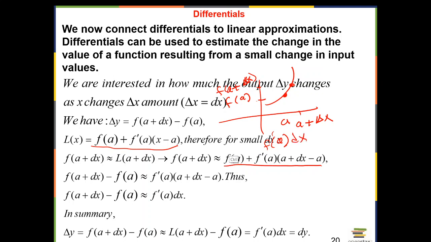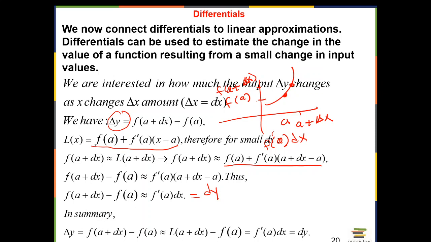So if I move this f of a to the other side, the difference between these two, which is actually delta y, is approximately equal to f prime of a times dx. But we know this is dy.